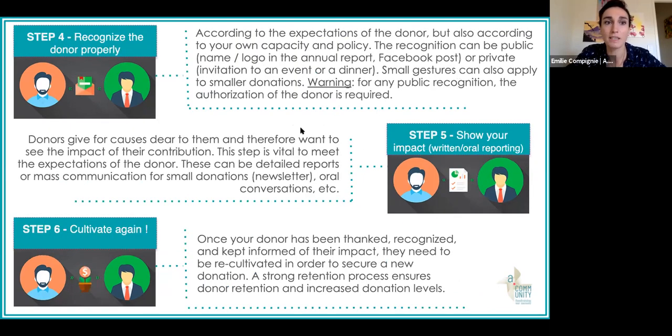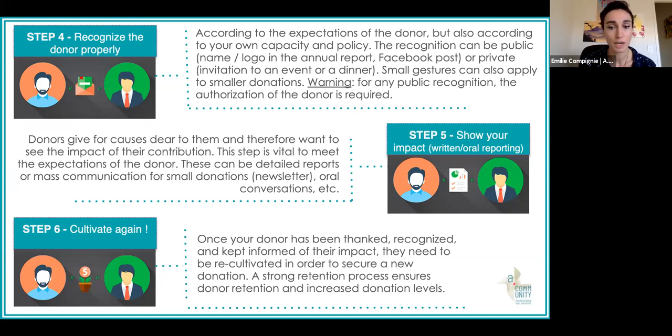Step 4 is recognize the donor properly. So according to the donor's expectation, but also to your own capacity and policy. If you're a small team, you don't have lots of money, you're not going to invite all your high net worth individuals for lunch and so on. So you really need to do stewardship actions that are appropriate for you, and some things that you can actually do.